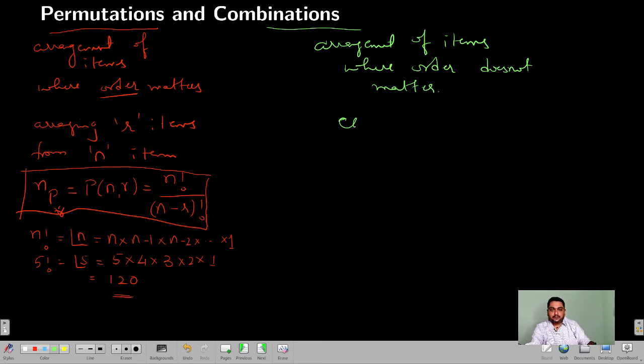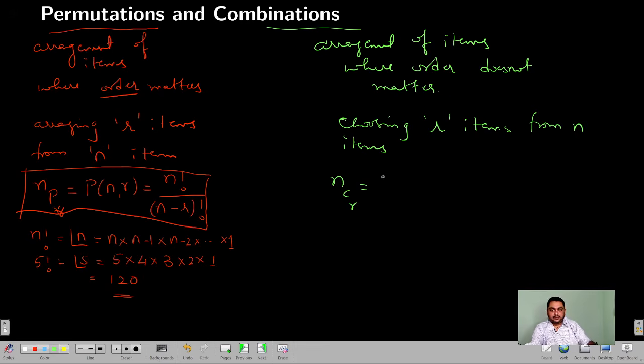So we say choosing R items from n items is given as nCr.